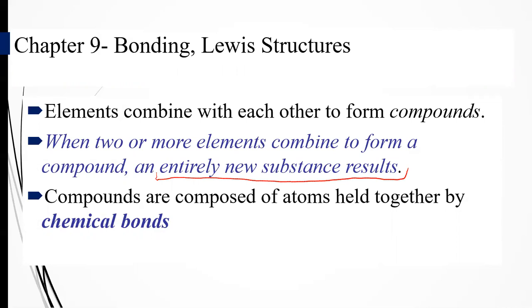The bonds we are talking about are the chemical bonds that hold these atoms together to form these new molecules. As atoms get put together, they're held together by these chemical bonds, and that's what forms our molecules.